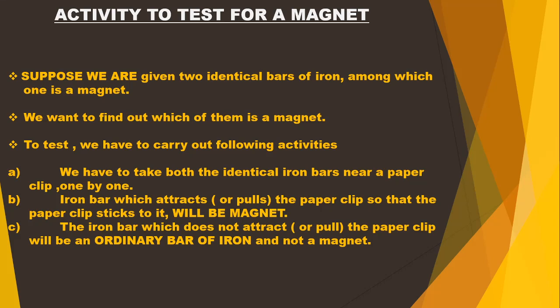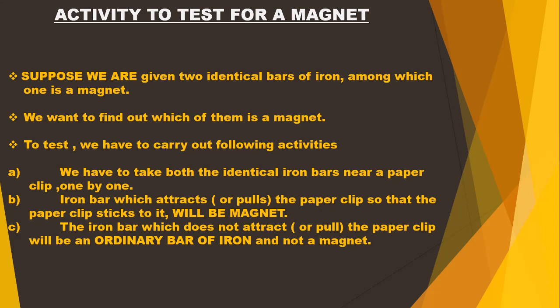If that iron bar is simply an iron bar, then the clips, or the iron made things, will not be attracted towards it. But the magnet has a specific property, that is, it attracts all the iron clips. So all the iron clips are attracted towards a magnet, they will not be attracted towards a normal iron bar.